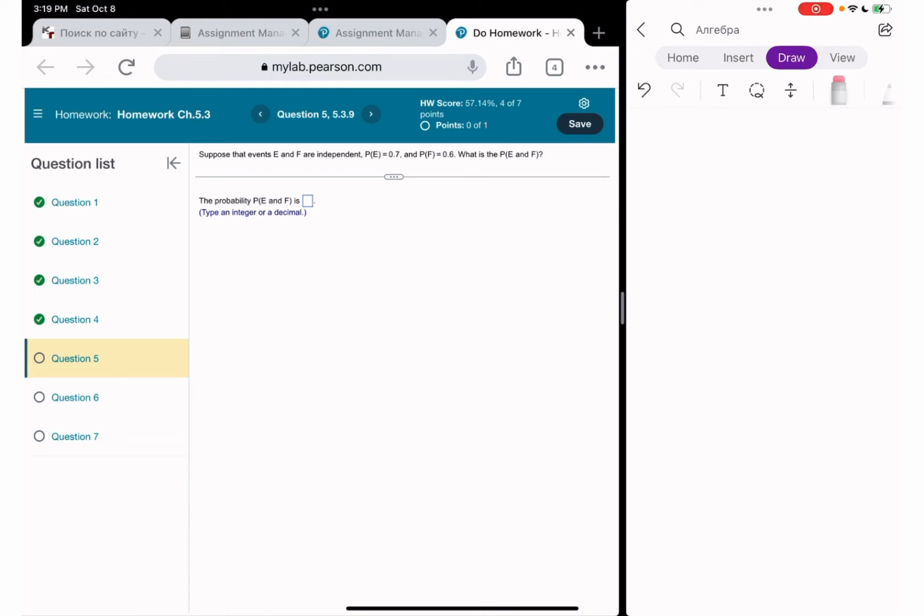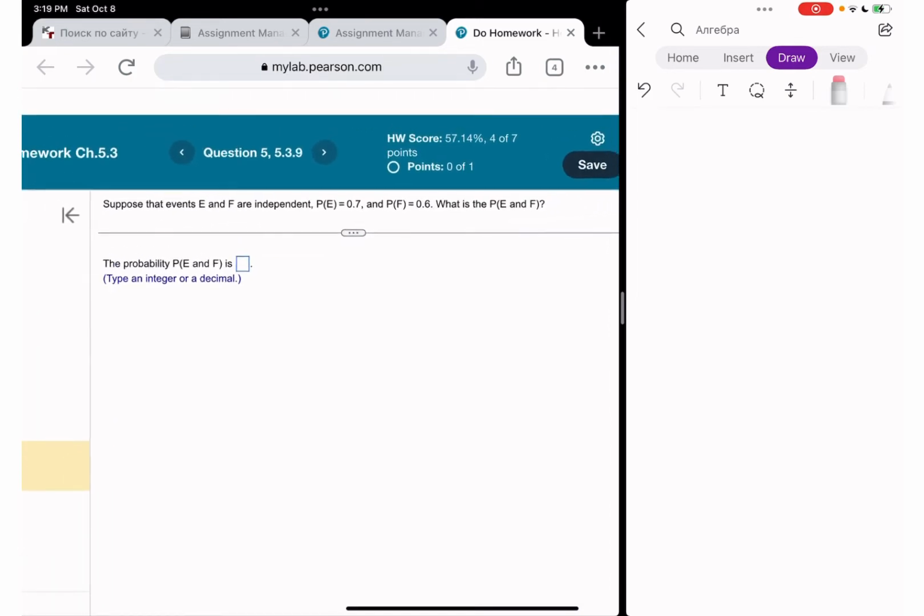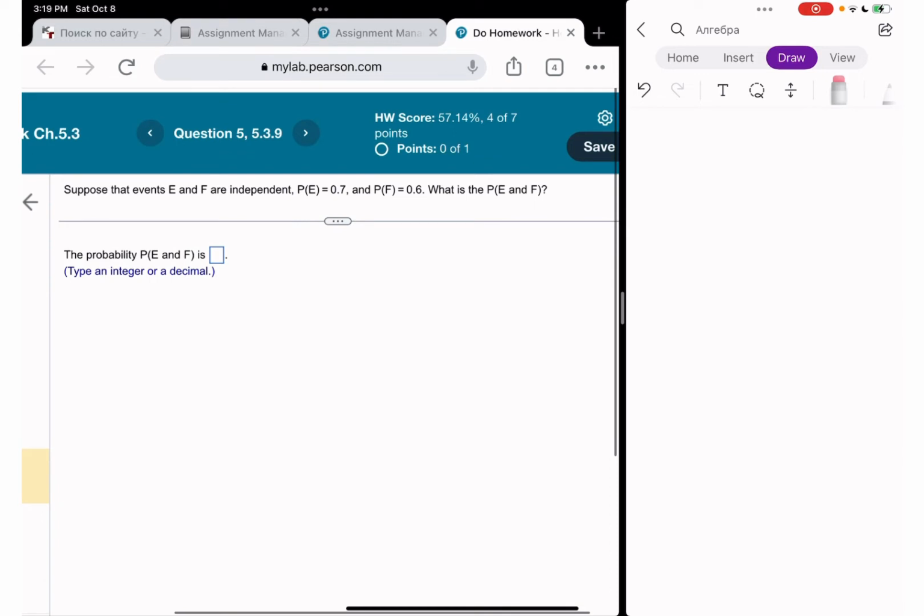Okay, moving to question number 5. What do we have here? So suppose that event E and F are independent. Probability of event E is 0.7. Probability of F is 0.6. What is the probability of E and F?